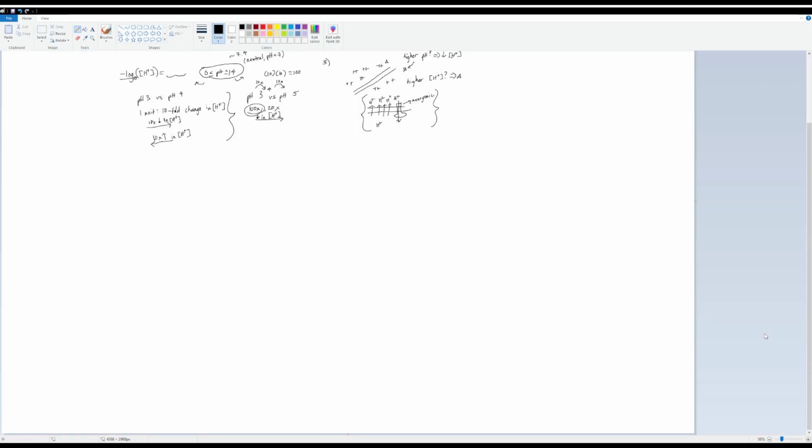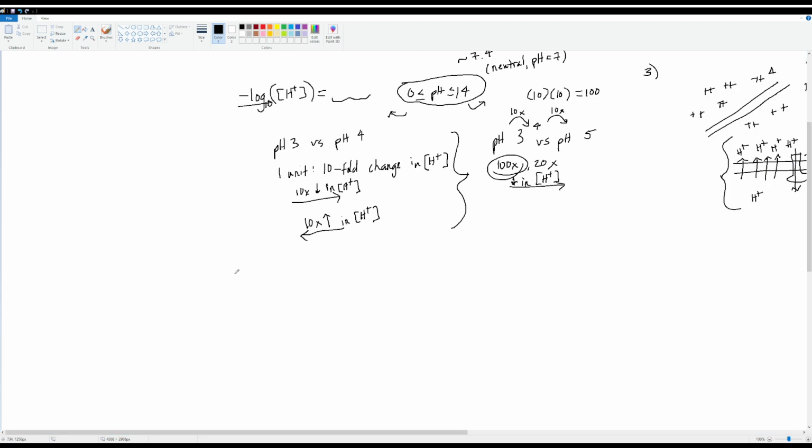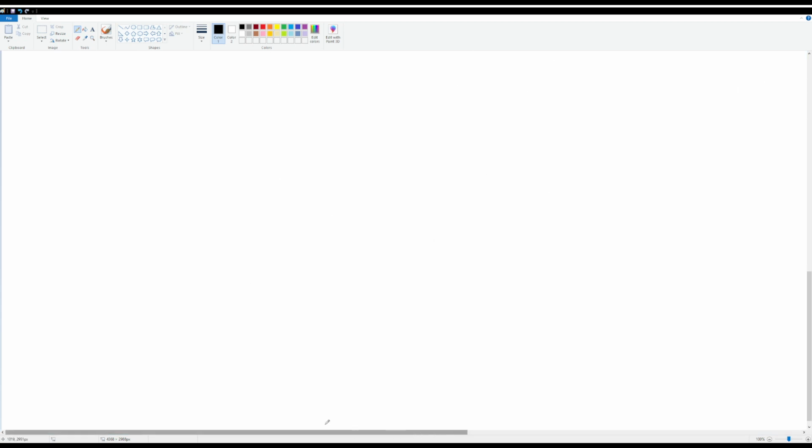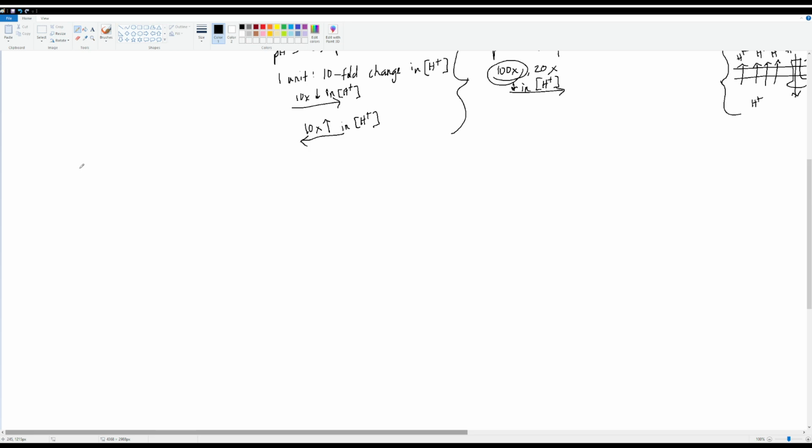Functional groups and pH. Okay, so we're given the stereotypical acetic acid.